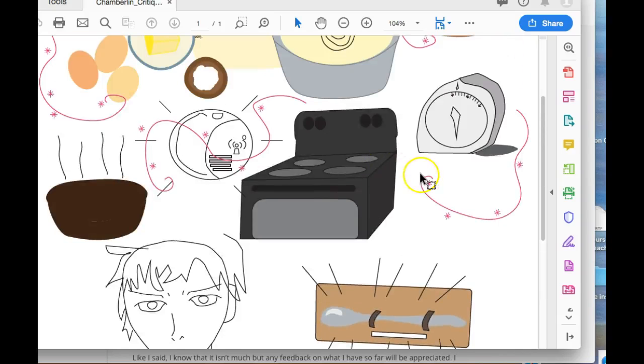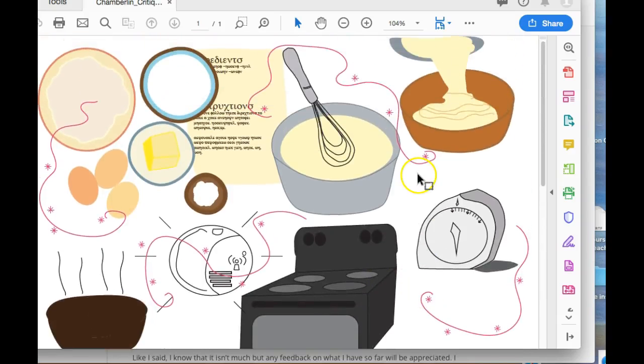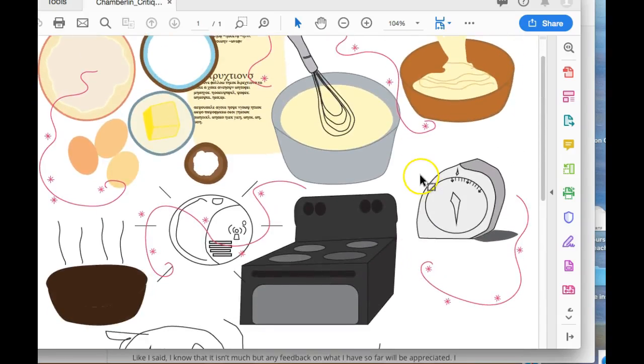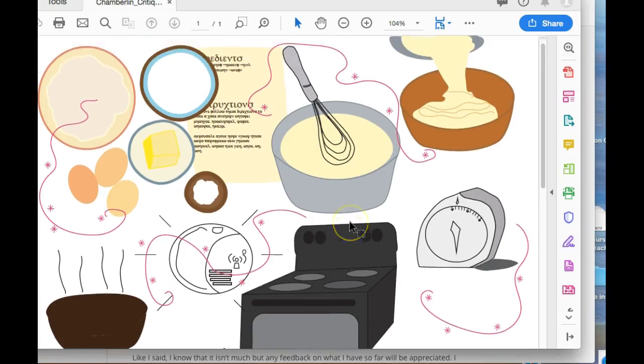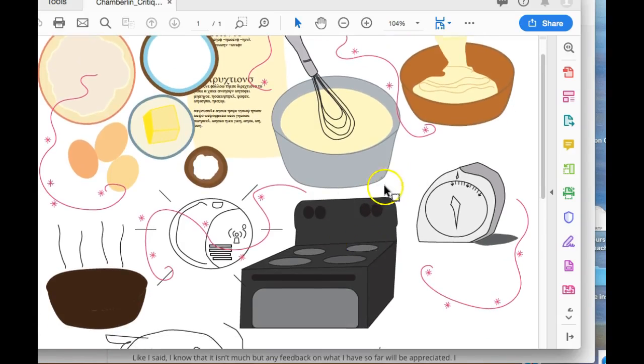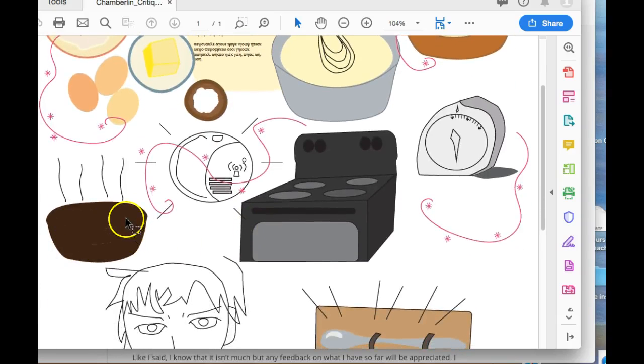You're definitely off to a fantastic start. I think some of the illustrations are more detailed than others. For example, this doesn't have a whole lot of detail, so really want to watch that. Remember, contrast really is a great tool used to define individual elements within a specific illustration. So using contrast here, right now we just have dark.